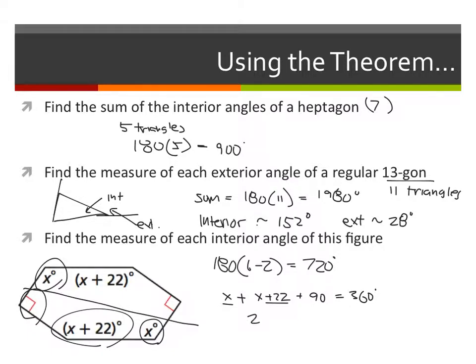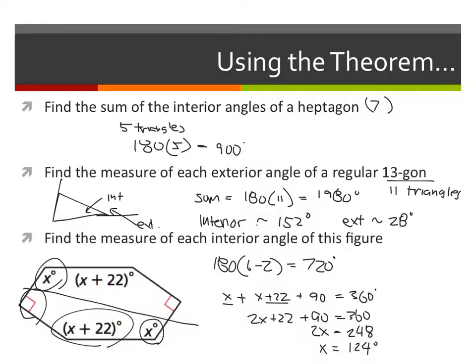So that means 2x plus 22, if you add like terms here, plus 90 must be 360. Let's subtract 22 and 90 from both sides, which is 112. If you subtract it from 360, that's 248, which is 2x. This must be 124 degrees.